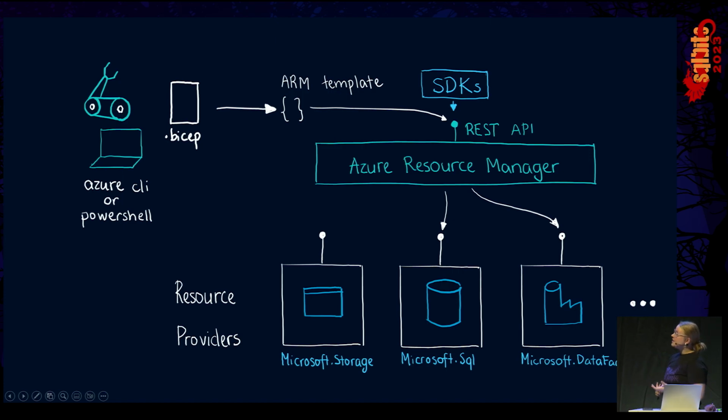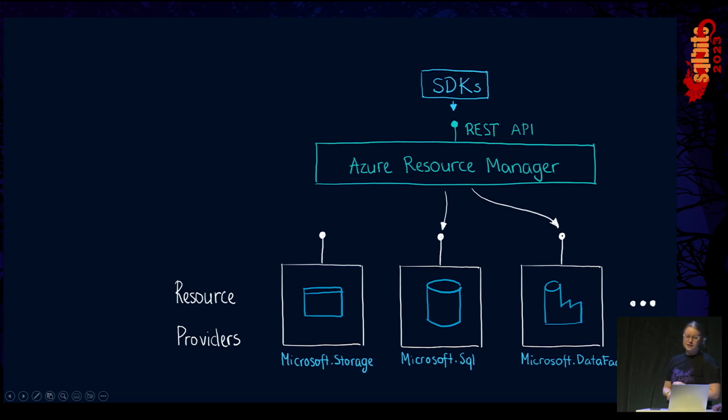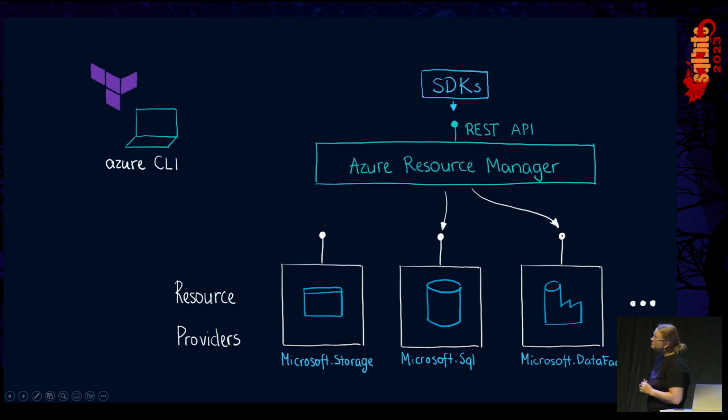If we instead look at the Terraform side of things, again, we have somebody who's creating the Terraform files on their machine. You are going to need Azure CLI, and you also need to have Terraform installed. With Terraform, you could run the actual Terraform commands with PowerShell, but to authenticate with Azure, you're going to need Azure CLI.